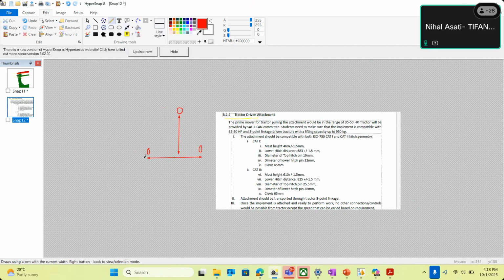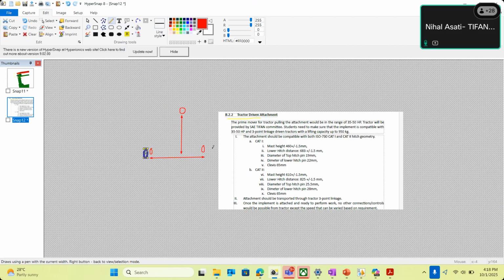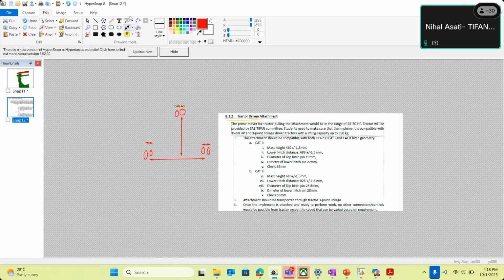Along with that, we have the clevis size, which is the gap between these two locations where the pin will be mounted. So this is critical. At the same location we will also have this kind of mounting location, and this will have the clevis height. So Cat 1 and Cat 2 are basically the dimensions which are required for your hitching point.